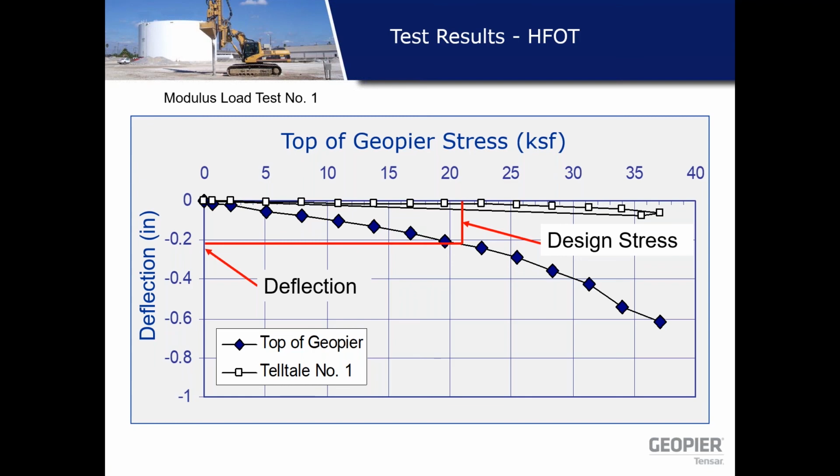As you see, the design stress is 22 ksf. We loaded the pier up to 37 ksf, which is 150% of the design stress. Even at 150%, the deflection you see at the top of the pier is about 0.6 inches, and the deflection you observe at the bottom of the pier, which is the telltale, is less than 1/10 of an inch.